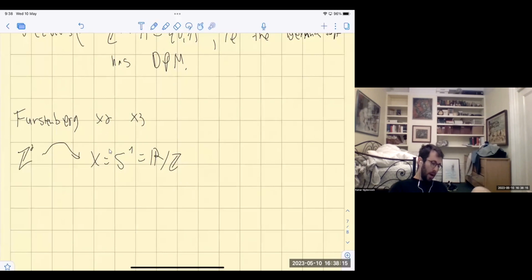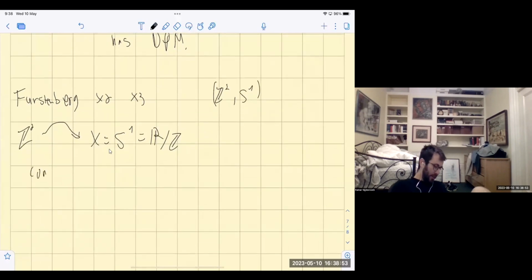One transformation acts by multiplication of the angle by 2, so it multiplies the angle of the circle, and the other transformation multiplies the angle by 3. This is called the Furstenberg times 2 times 3 system. It's the group Z^2 acting on the circle.